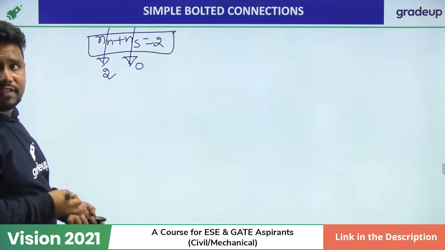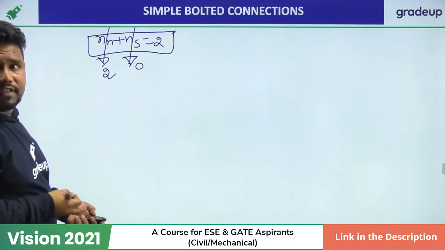If I want to mention the answer, the value in bearing mode is 50.176 kilonewton, whereas in shear mode it is 90.544.